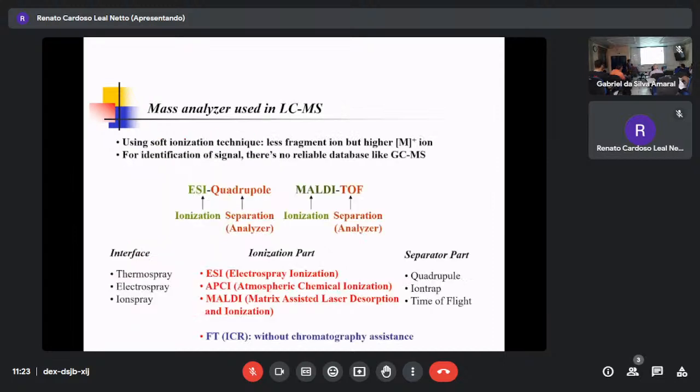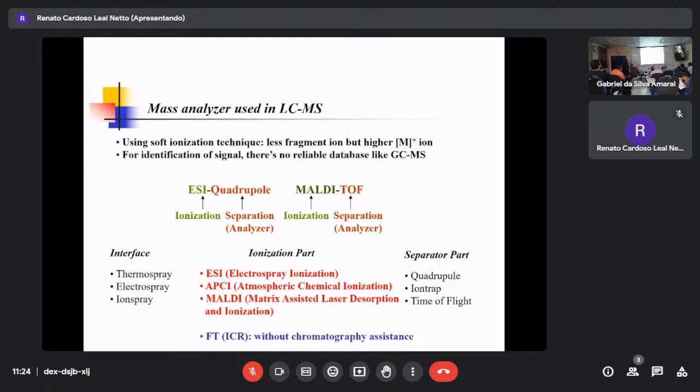Yeah. Now, nowadays in MS, of course, there are too many jargon and abbreviations. If you are a computer student, you don't understand, right? So ESI-quadrupole means ESI ionization method, and then quadrupole mass analyzer. Here, mildly, how to ionize mildly, and TOF.